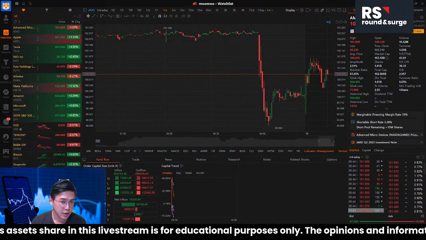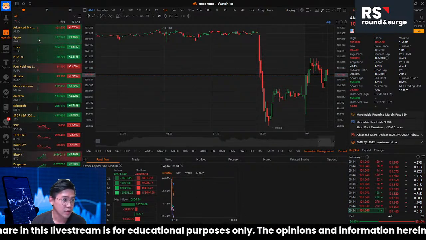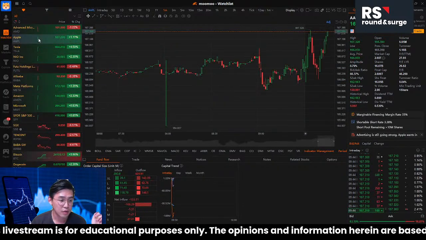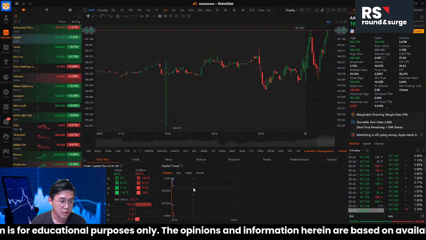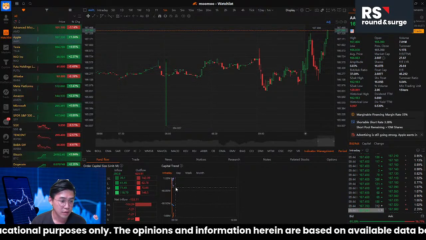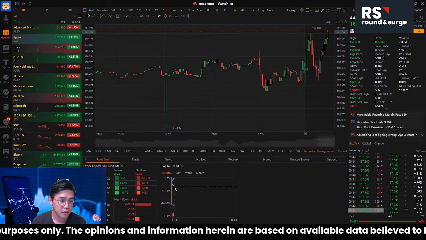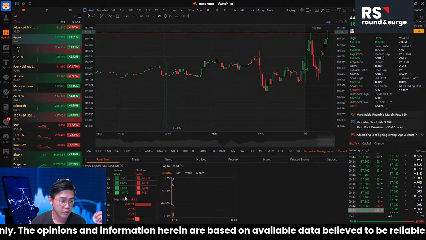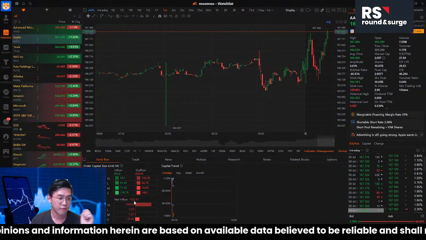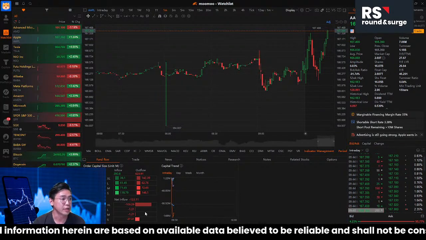The large cap flow is starting to come back in. Right. Majority, the net inflow is negative for Apple right now.